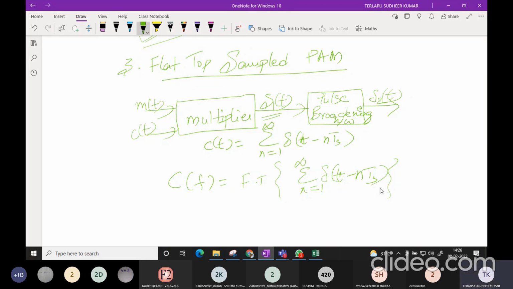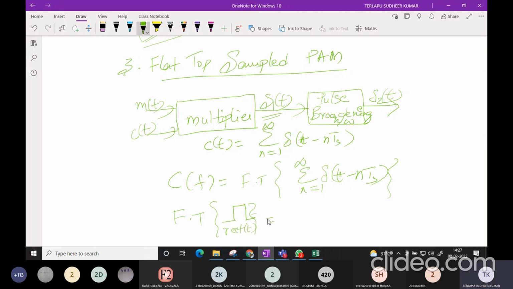Now, can anyone tell me, because your signals course is already over, what is the Fourier transform of a simple rectangular pulse? Let it be rect of t.